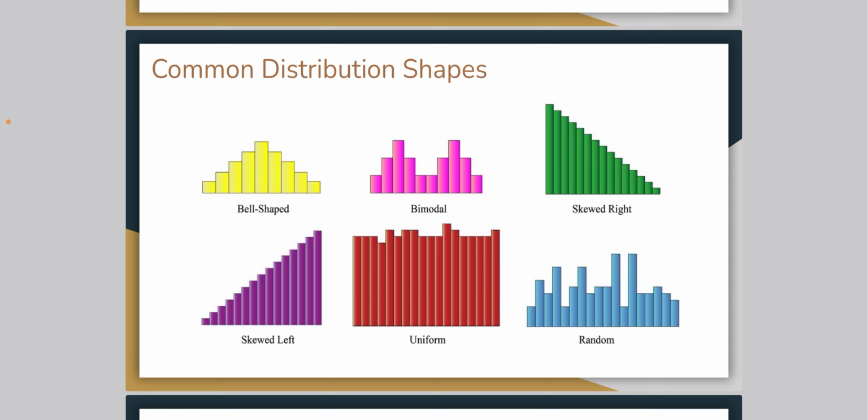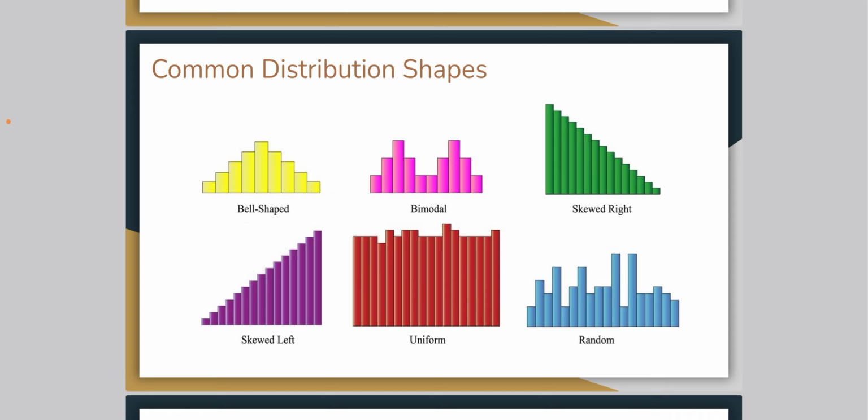Right there, you see the mode, what occurs the most, would be the highest bar right there in the middle. And then it's very symmetrical with how it goes down to the left and towards the right.